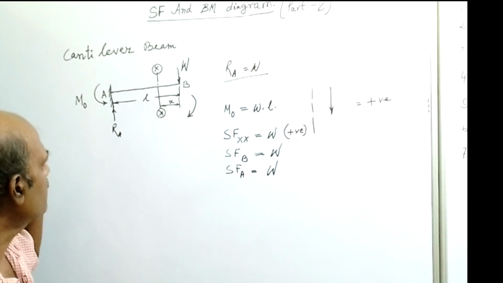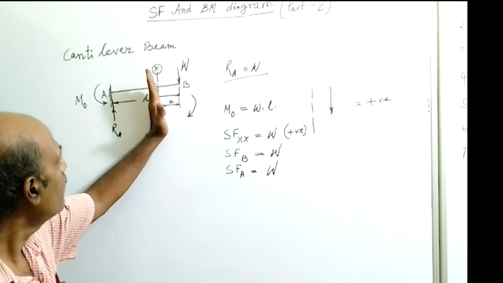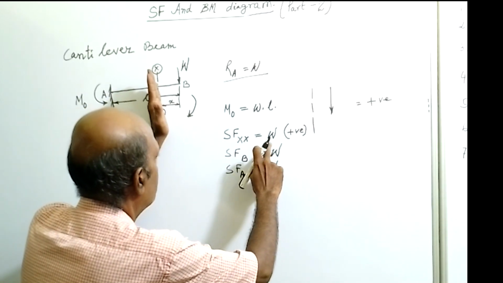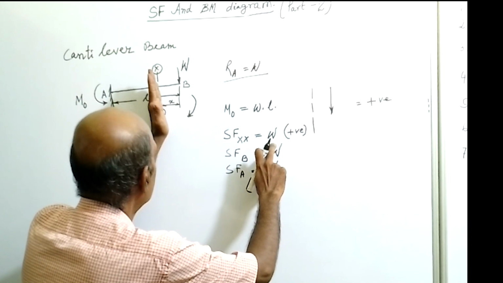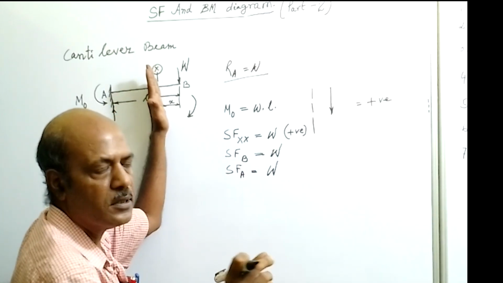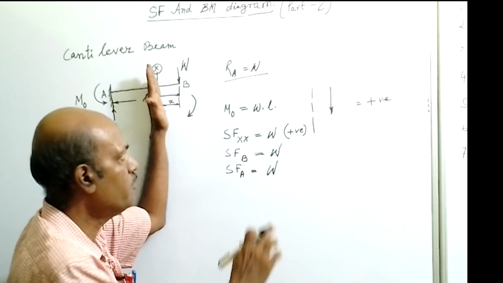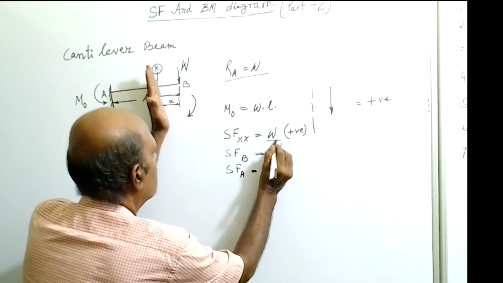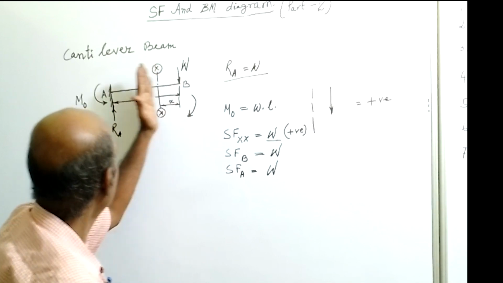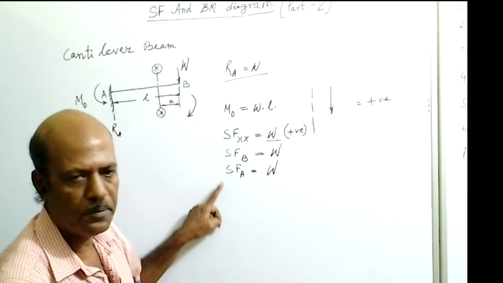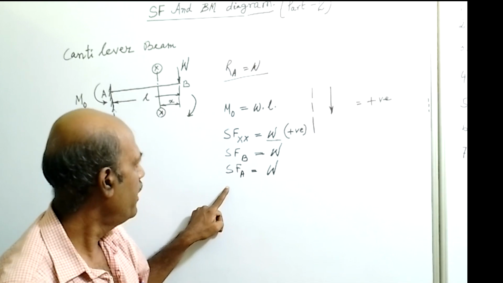So first we find the equation of shear force at section XX, the algebraic sum of all vertical loads acting to one side of the section, that is W. Then slide the section to point B and then to point A, which gives the shear force at point B and at point A.